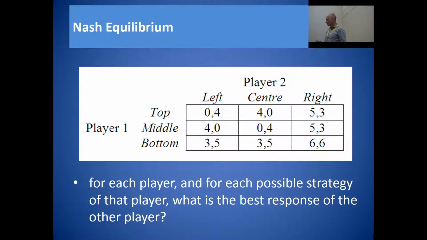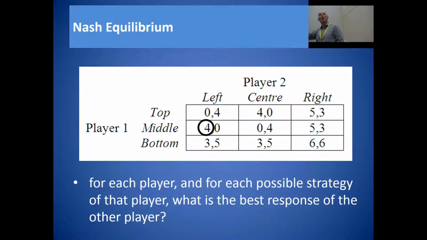The optimal response under that scenario, if player 2 chooses left, is for player 1 to choose middle. And hence, I've put that circle around the 4 to denote that choosing middle is a best response. It's the best thing that player 1 can do if player 2 chooses left.